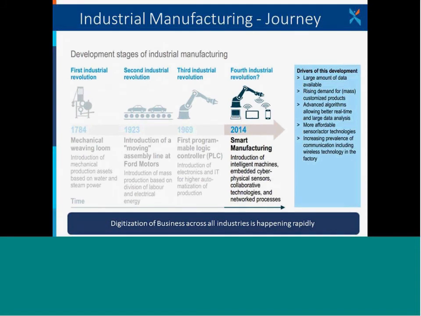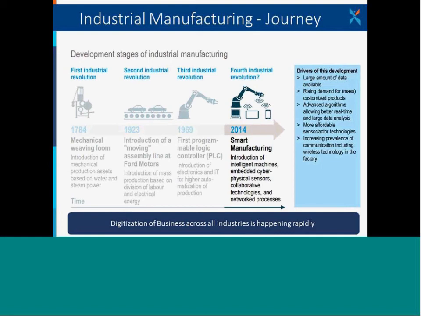So we do hear a lot about the digitization of businesses going across the world, and there's a lot more attention to this space and this understanding now with manufacturers. And I think this has evolved over the last few revolutions. So I don't have to talk a lot about it, because we already know that smart manufacturing, Industry 4.0, is the order of the day.